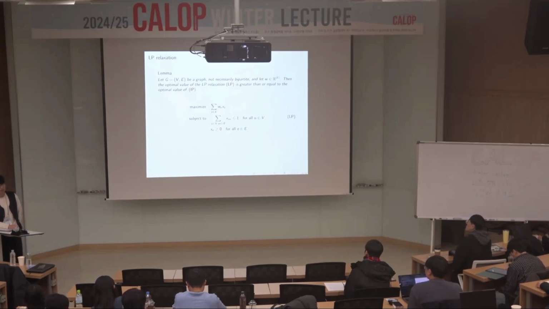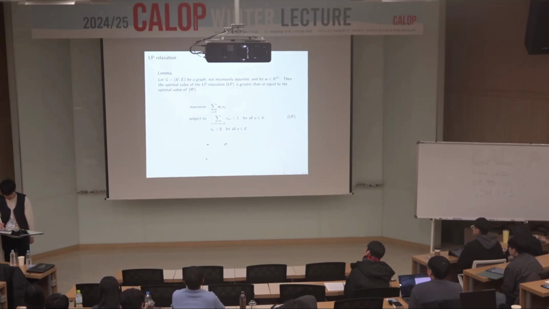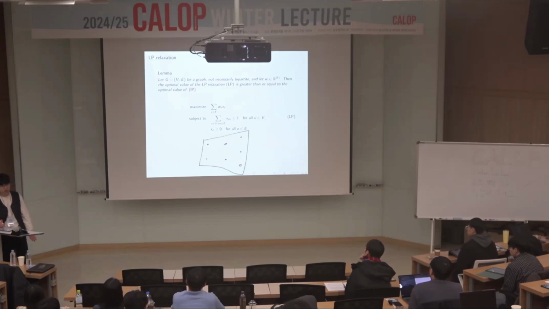So this is an easy consequence. If you take the relaxation, you had a solution space like this. Let me just write down arbitrary values. And now you're replacing the solution set by something continuous like this. You are taking a larger solution set.